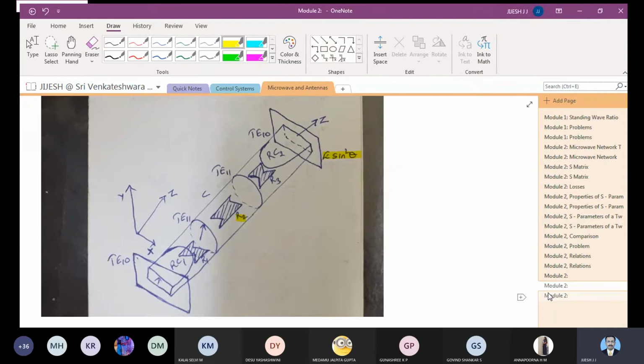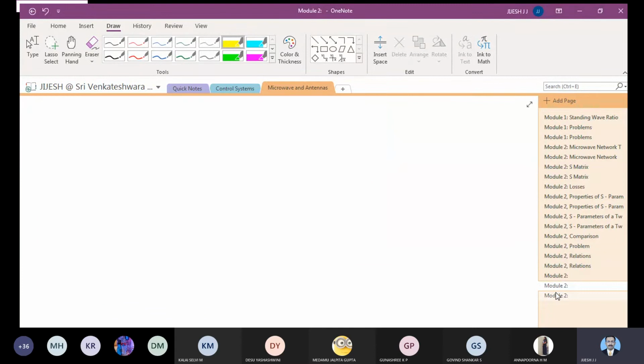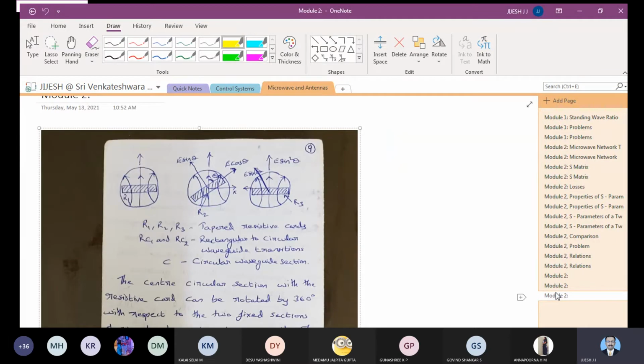So all of you have completed this diagram, and the flow of signal is in the z direction. So these three diagrams you can draw. You can see the same thing here. The resistive film is kept here, and this resistive film is kept at an angle theta, and this resistive film is kept at this point.